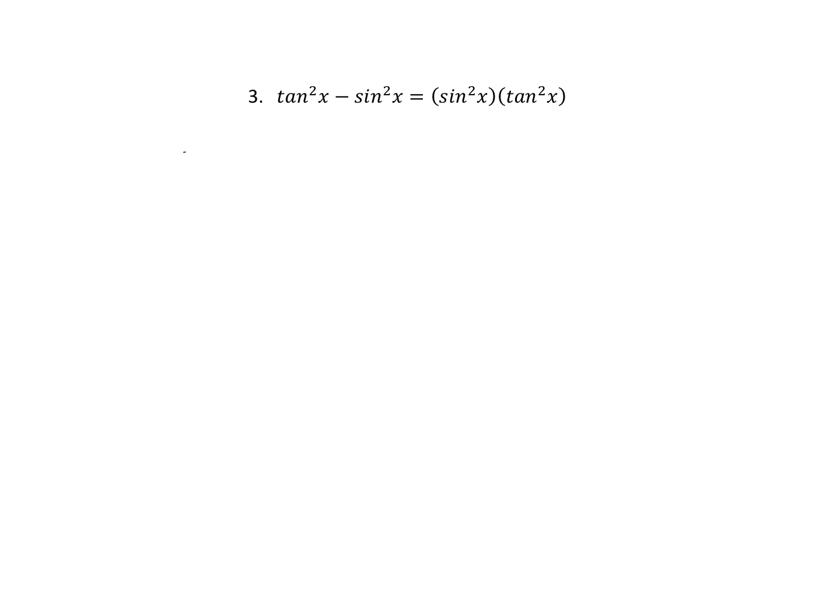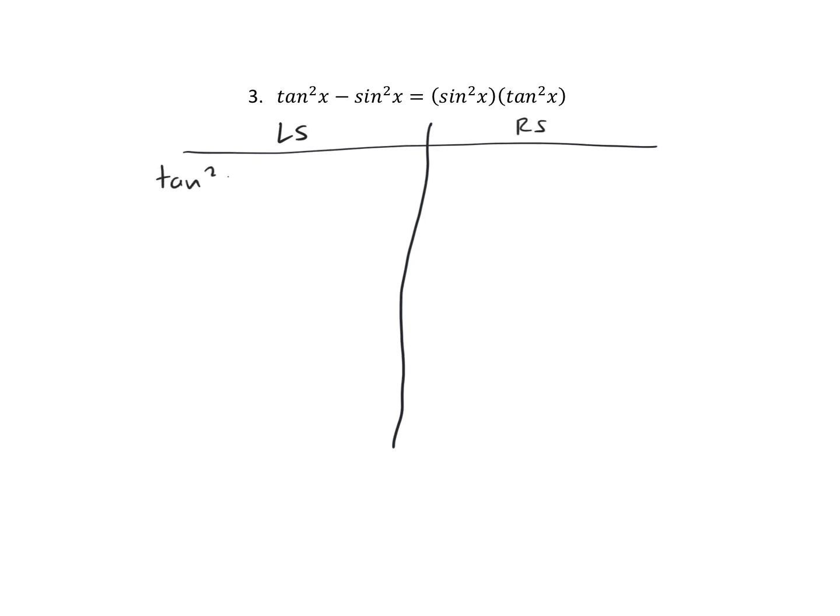In this example, let's see what we've got. We've got tan squared x minus sine squared x on the left, and on the right side, we have sine squared x times tan squared x. So I will replace tan.